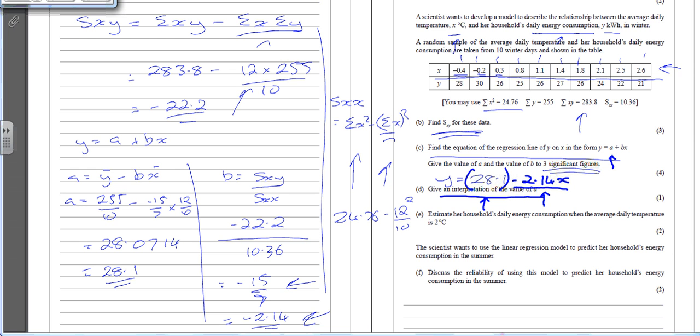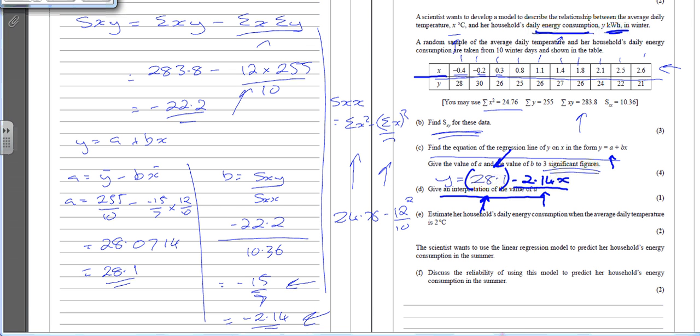So what that means in this case is when the temperature is 0, this is how much y is going to be. Now y is the daily energy consumption. So that means when the temperature is 0, the daily energy consumption is going to be 28.1 kilowatts per hour. So that's what you need to write down.